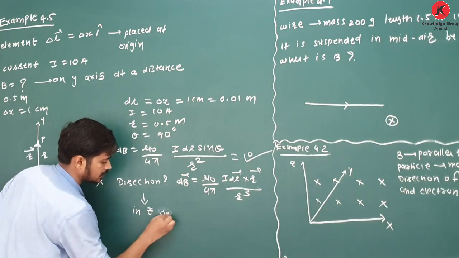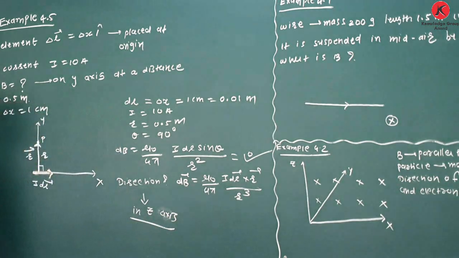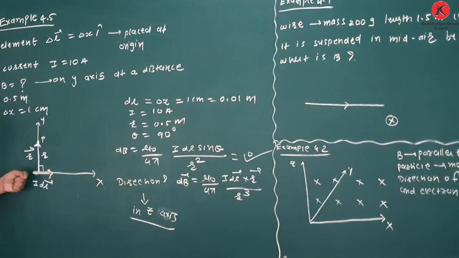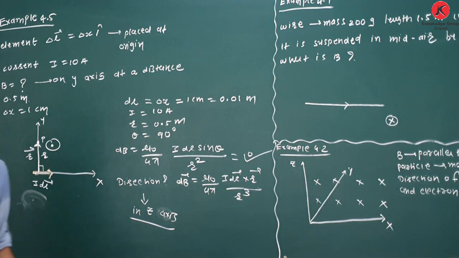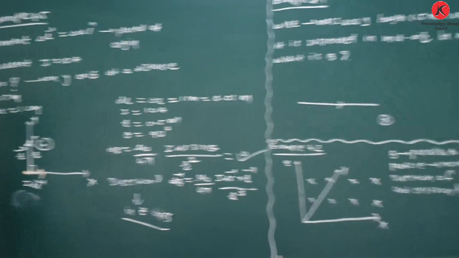Along Z axis. Clear about this? Along Z axis means coming outside. Sorry, at this point, coming outside. Clear? So yes, it is one question. Yes, you have to remember how to find the angle between I dl and r. Clear? Now next question. See.